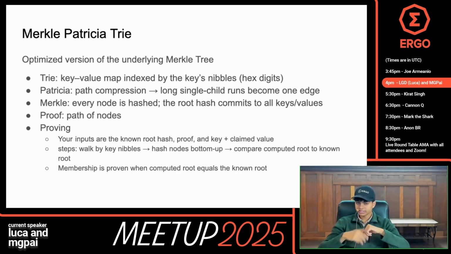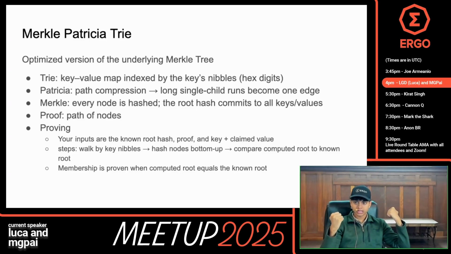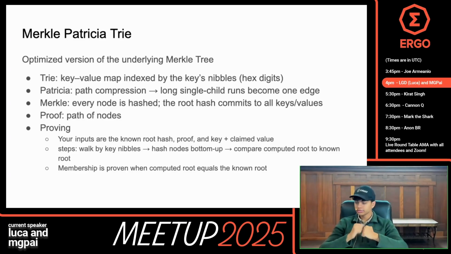You do that same hashing from scratch, and then you compare it. Hey, does the thing I computed match what I already know? And if yes, then you know that everything's correct, like no one's messing with anything, right? And yeah, so membership is proven when the computed root equals the known root, and the known root is what you passed in.